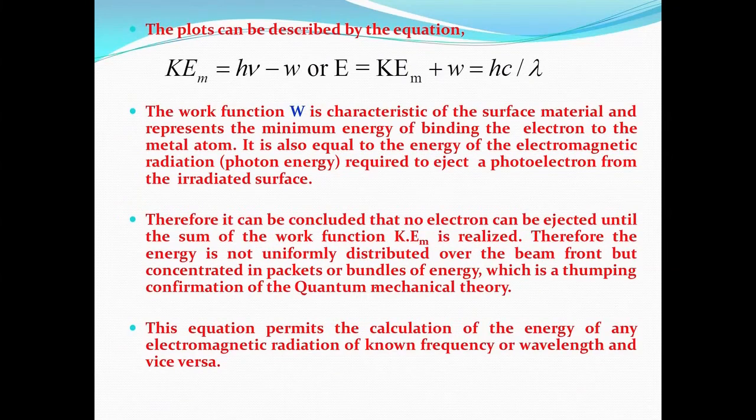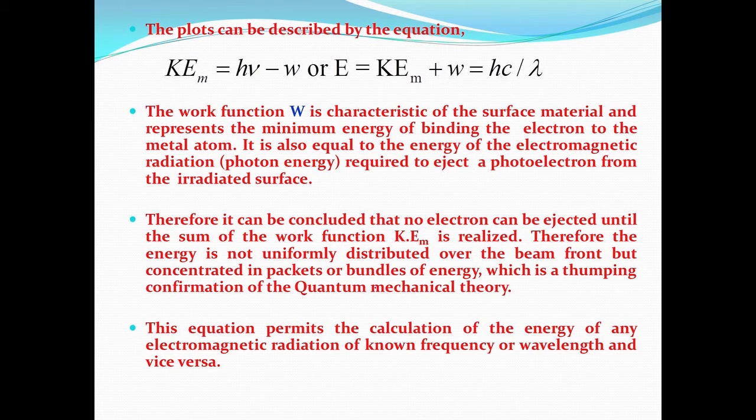Therefore, it can be concluded that no electron can be ejected until the work function is reached, and the excess can be quantified as the kinetic energy, KE max.